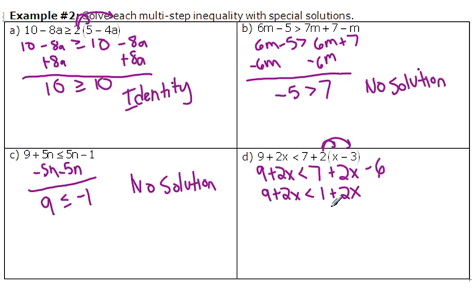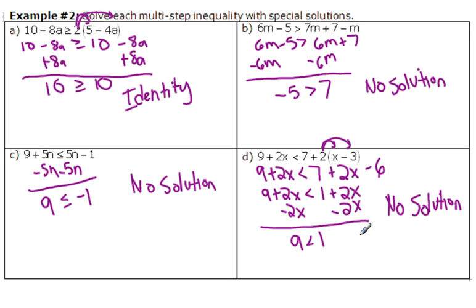So from here I have variables on both sides. I'm going to move the 2x by subtracting 2x. Now over here, 2x minus 2x is 0, so I'm left with 9. Over here, 2x minus 2x is 0, so I'm left with 1. Is 9 less than 1? No, 9 is definitely bigger than 1, so this is no solution.